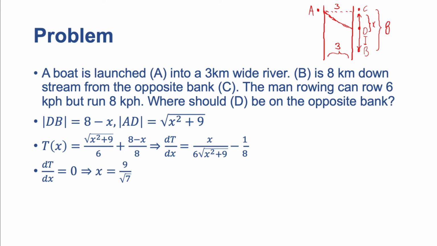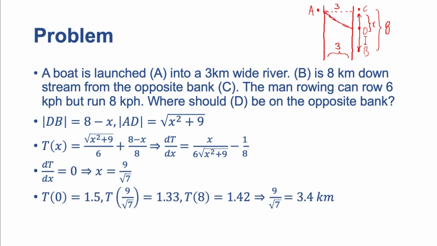Now we just need to make sure that that's our actual minimum value. To do that, we just need to evaluate at the endpoints. We need to evaluate for the case where x is equal to 0 and then x is equal to 8, because that wasn't accounted for yet. If you remember, we still need to make sure that our endpoints aren't the minimum values. If we do that, it will corroborate our minimum at 9 over root 7, because t of 0 is going to be 1.5, t of 9 over root 7 is going to be 1.33, which is less than both t of 0 and t of 8, which is 1.42.